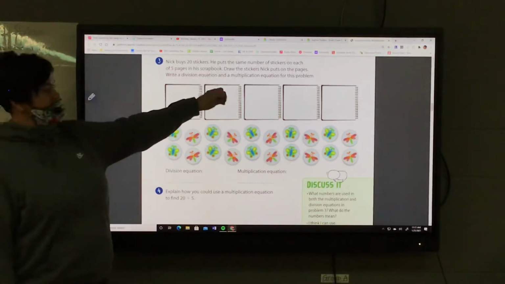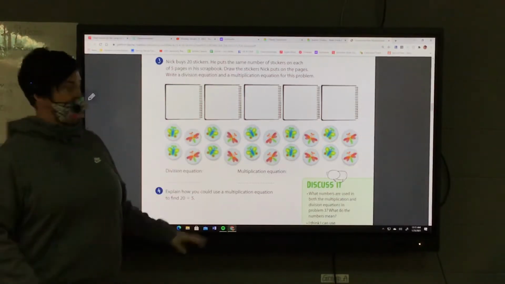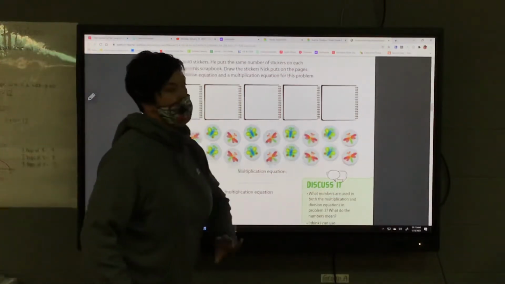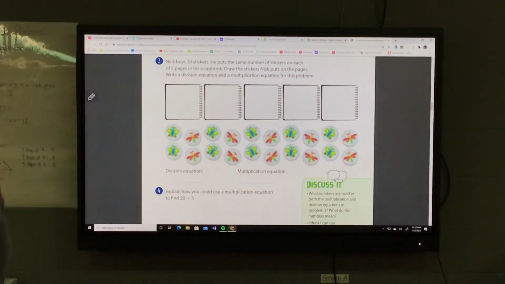So do we have to have the same number of stickers on each page? Yep. Show me how many stickers need to go on each page to get to the 20 that he bought. You can just draw circles. They don't have to be perfectly round, just get it finished up quickly.